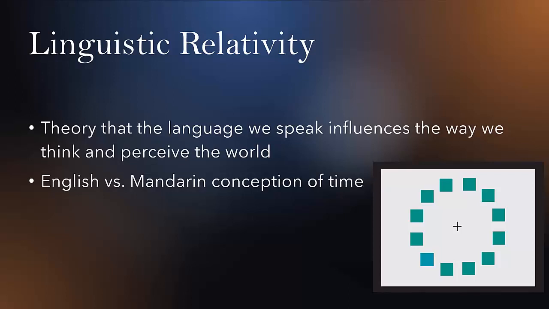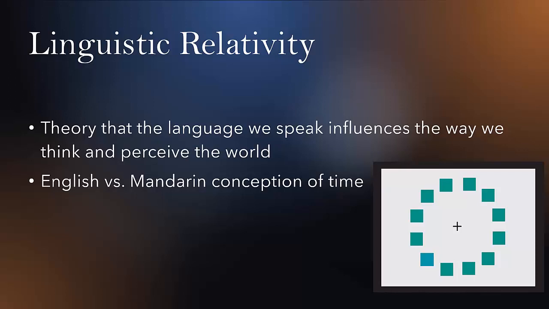So I can move forward in time and I can move backward in time, right? But in Mandarin, they talk about it that way, but they also talk about time as being vertical. I always mix up which it is. I think the future is below and the past is above. So if they're talking about the past, they'll talk about time being up or above them. So it's just a different way of conceptualizing time.